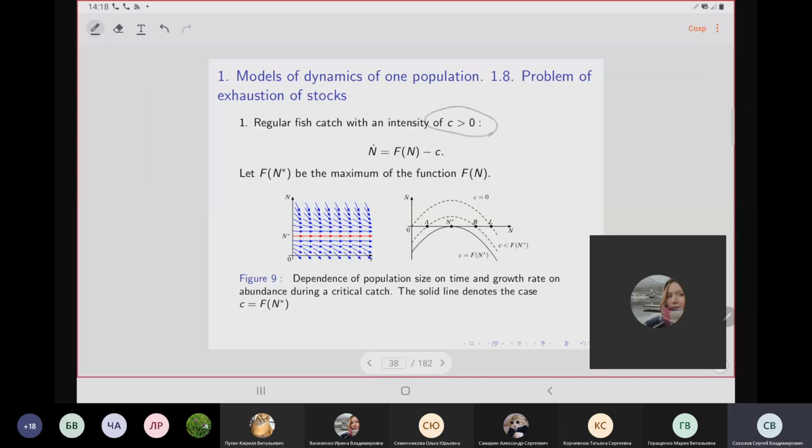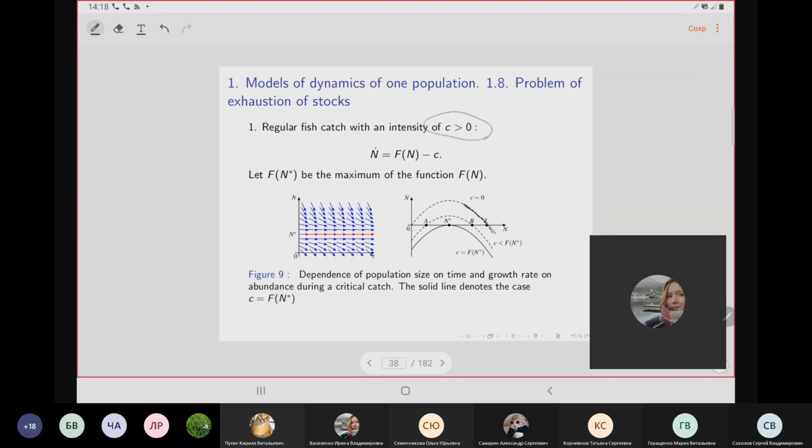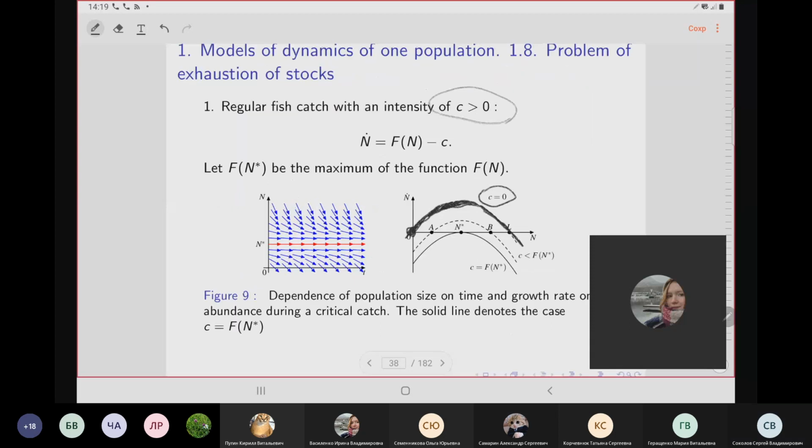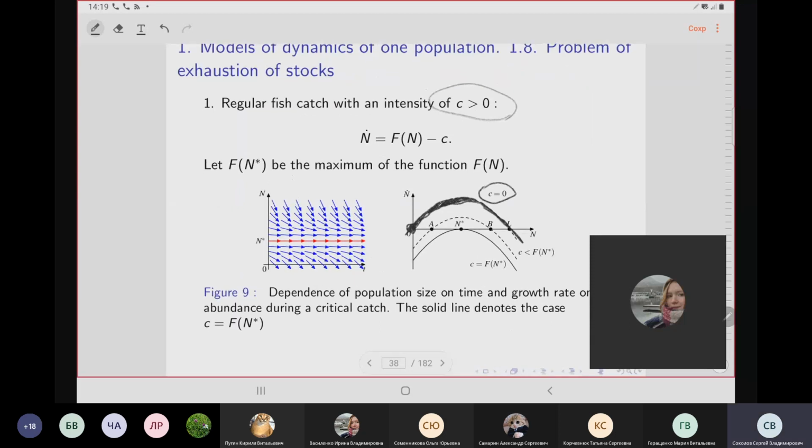Look at the picture on the right. It is our initial function on the right-hand side. This one. C is equal to 0 here. Let us try to increase C.